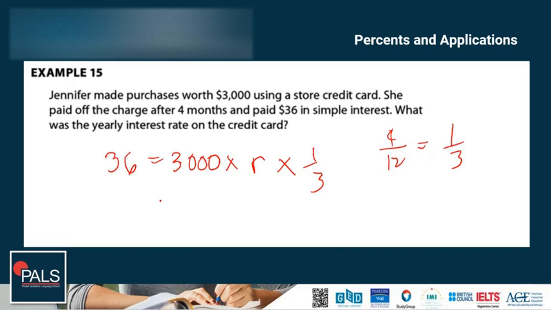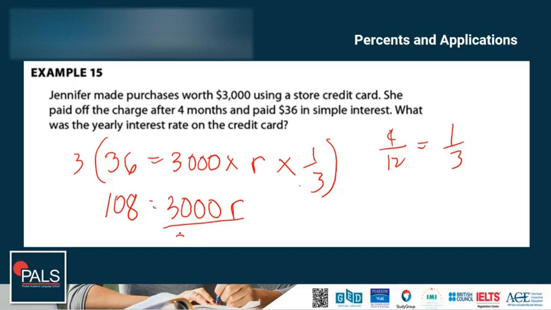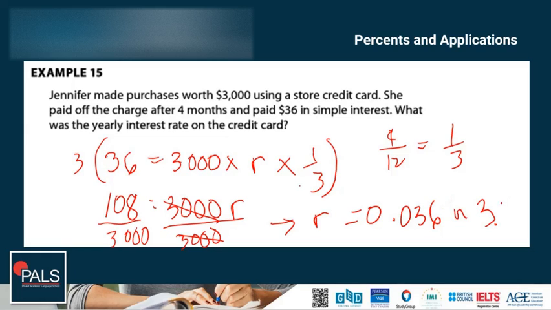Then multiplying 3 to both sides, we'll have 108 is equal to 3000 R. So dividing both sides by 3000, R is equal to 0.036 or 3.6%.